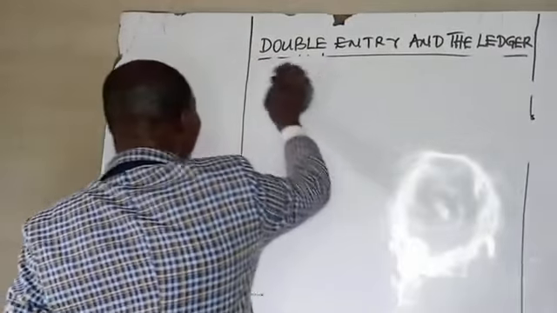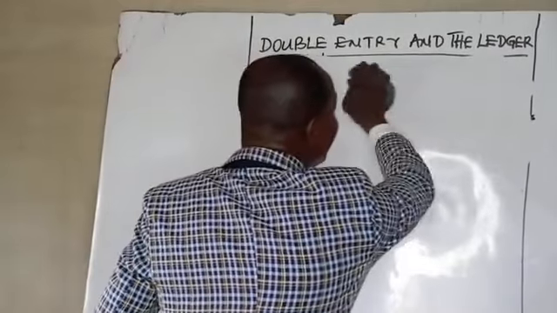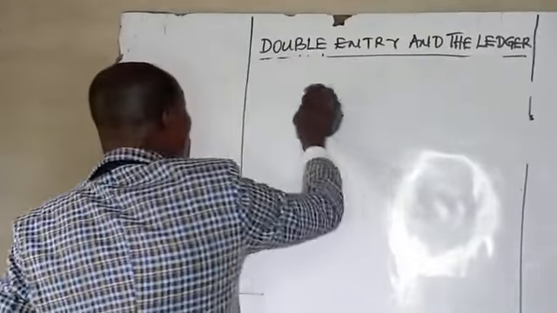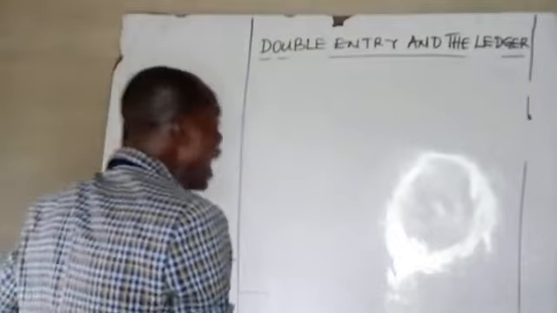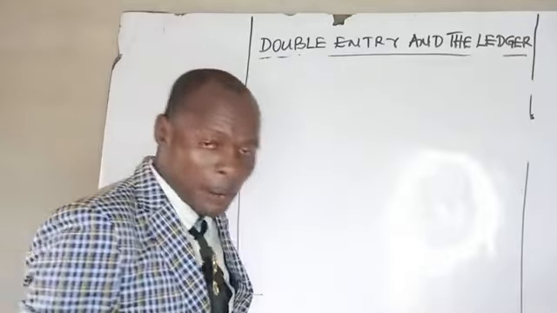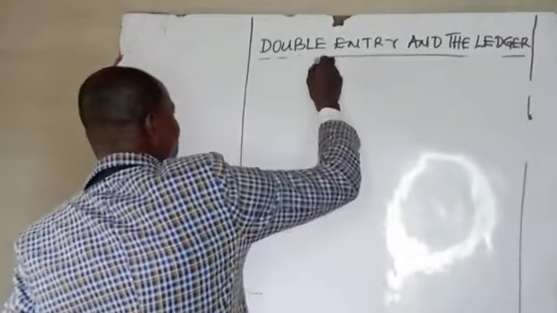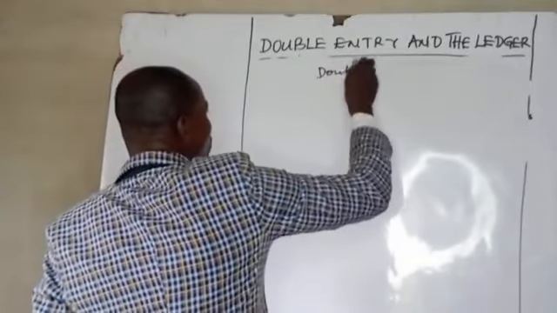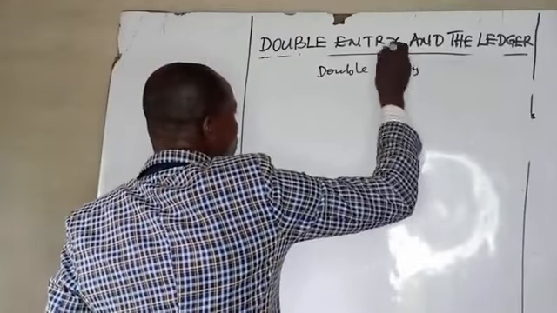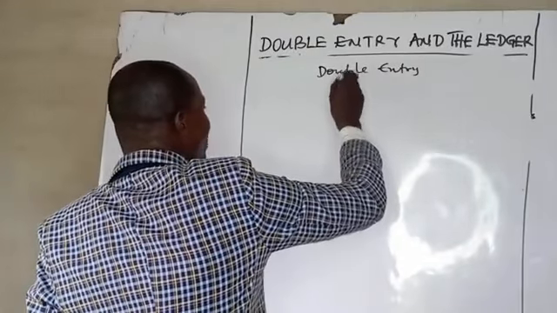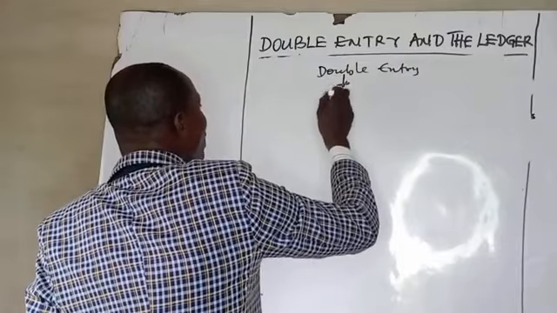So if you want to have a solid foundation in accounting, you must have a sound knowledge of the principles of double entry. As the name implies, the word double means two.